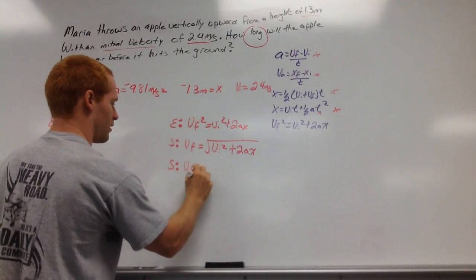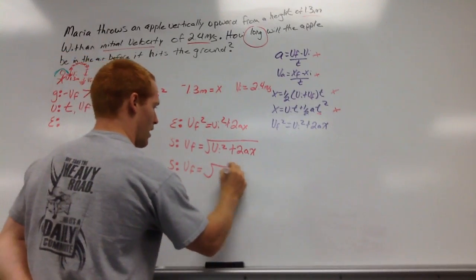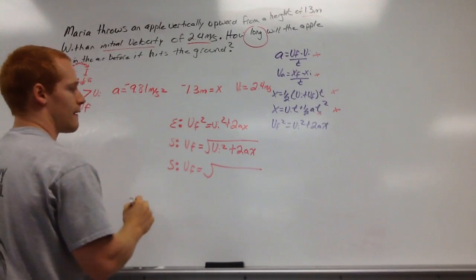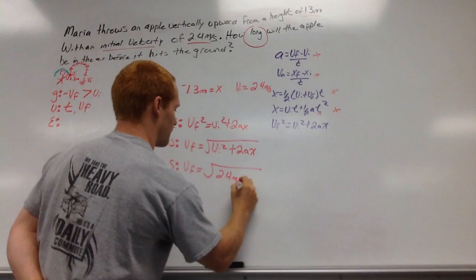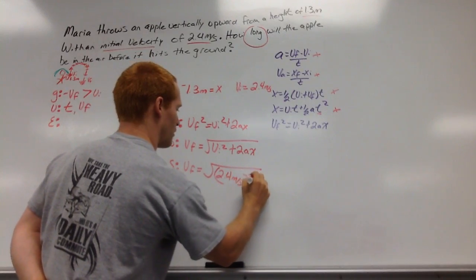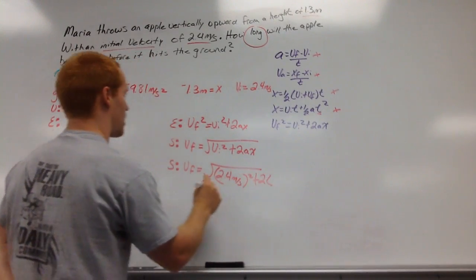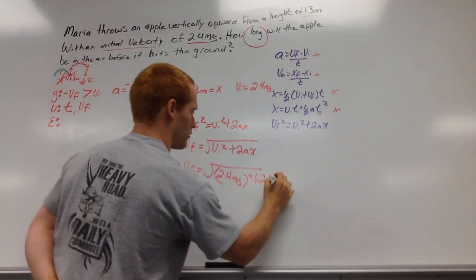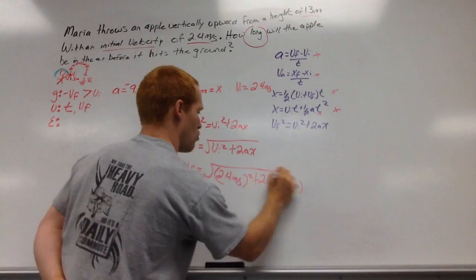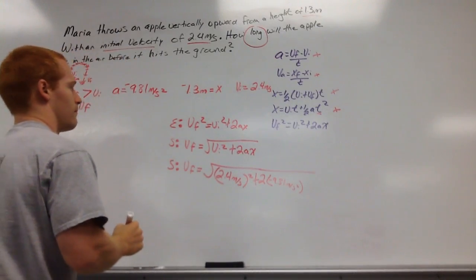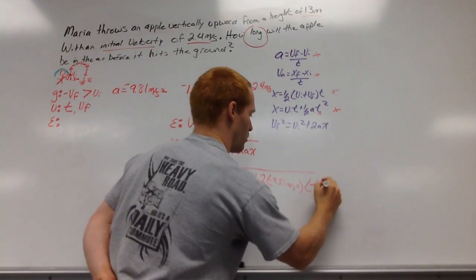So VF equals radical 2.4 meters per second squared plus 2 times our acceleration times negative 1.3 meters.